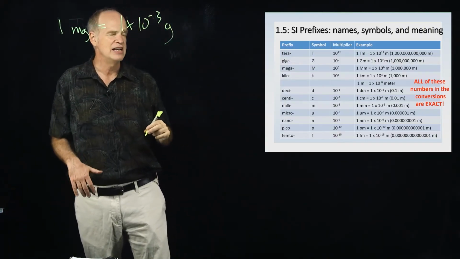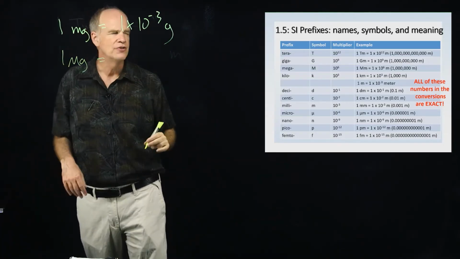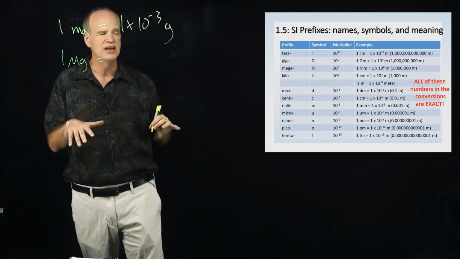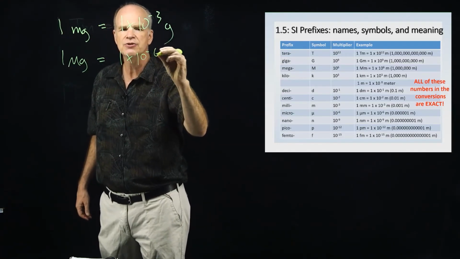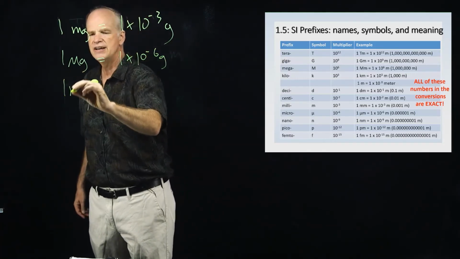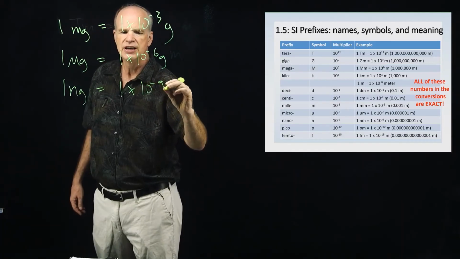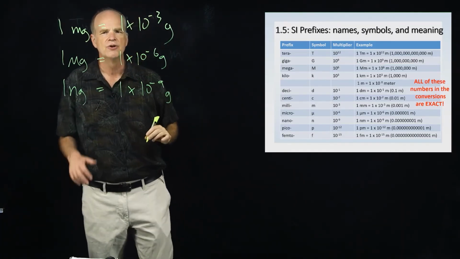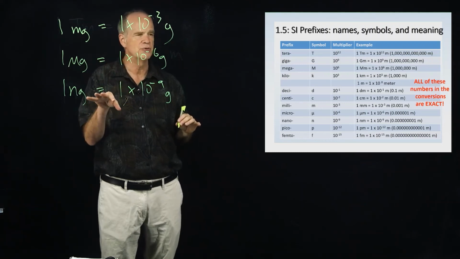If you have 1 microgram, you would have to know that that's an even smaller portion of the gram. That is a millionth of a gram, so it's 1 times 10 to the negative 6 grams. And then 1 nanogram is equal to 1 times 10 to the negative 9 grams. So I'm going to be solving problems in the near future with these equivalencies.